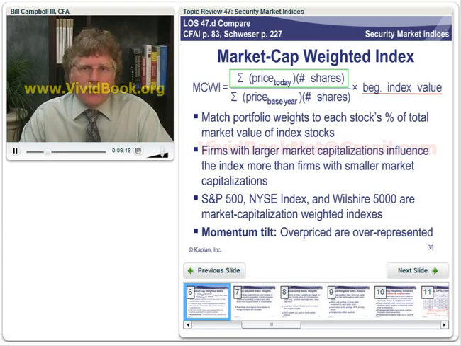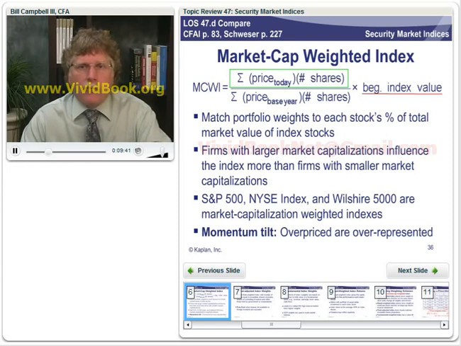The firms with the largest market capitalization are the ones that are going to have the greatest influence on the index. A company that has a $10 billion market cap, if the price goes up 1%, will have a much greater change than a company that has a $100,000 market cap.